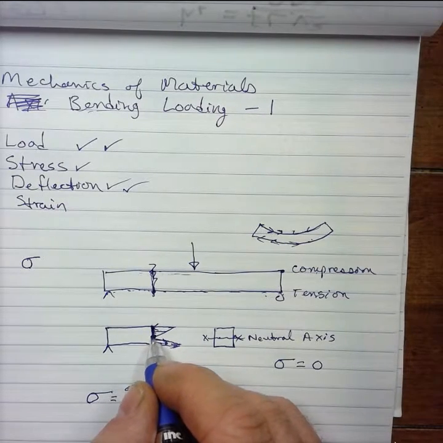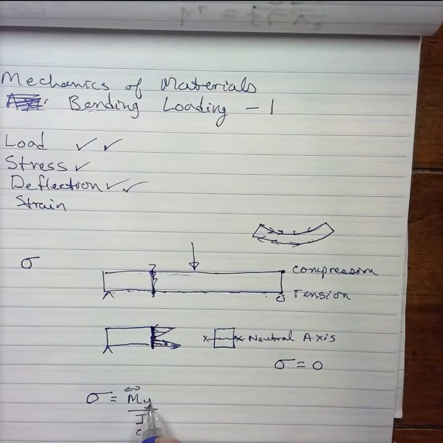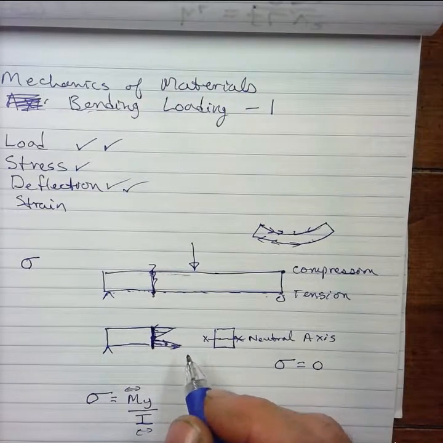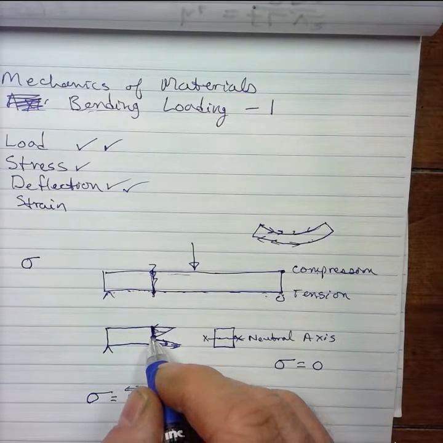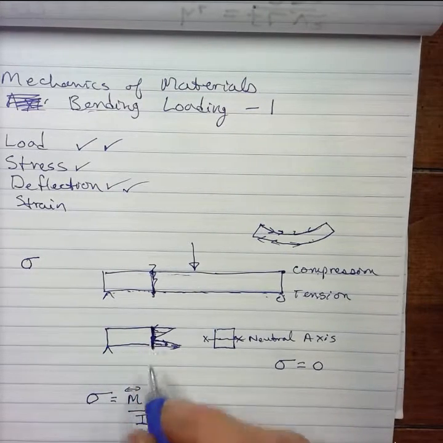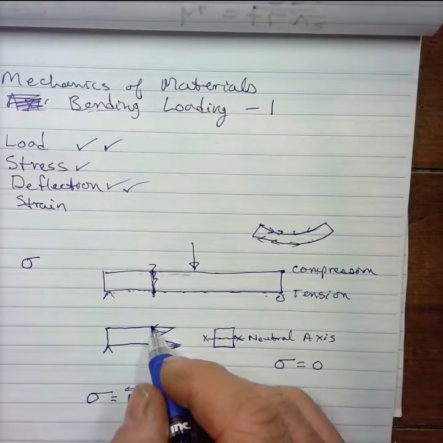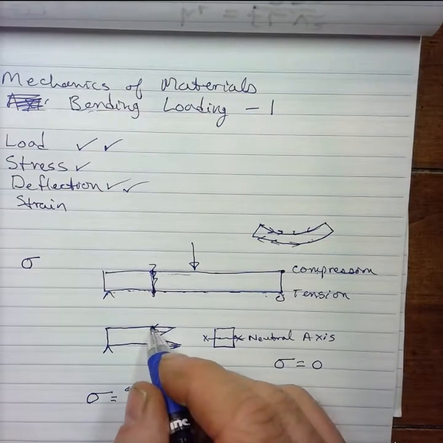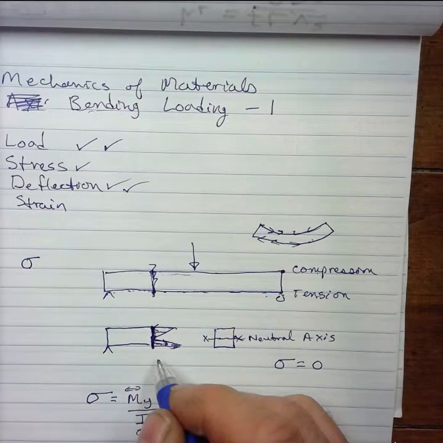So if we're at the neutral axis, y is the distance to the neutral axis, well, it'd be 0. So the stress would be 0. The stress is 0 at the neutral axis. As you move away, the distance y goes up, so the stress goes up, until you get all the way to the outer fiber when y is maximum and the stress is maximum.